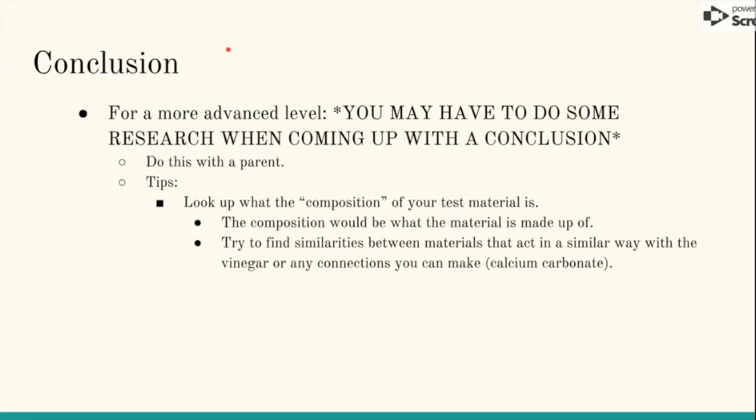So now let's talk about our conclusion. For a more advanced level, you may have to do some research when coming up with one. You should do this with a parent because you're going to be looking stuff up online. And you don't have to do research if you don't want to, but if you want a more advanced conclusion, you should. Some tips: look up the composition of your test material.